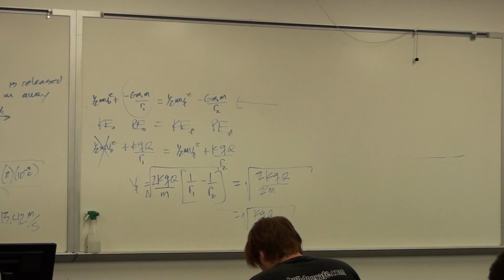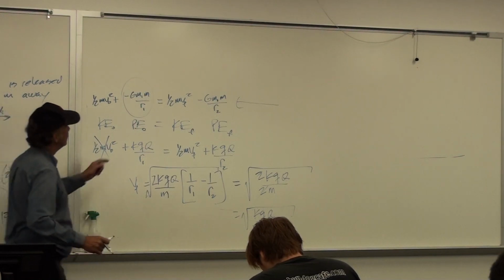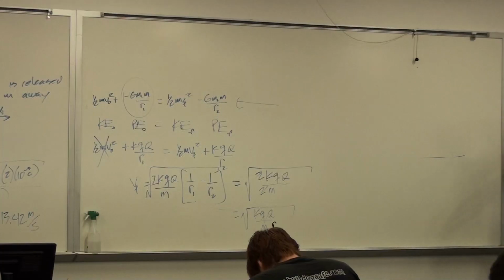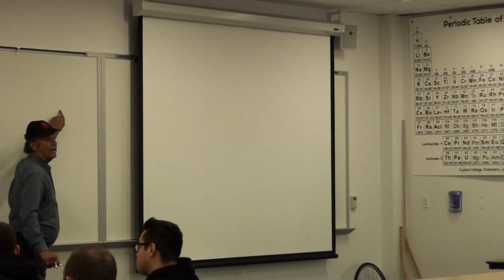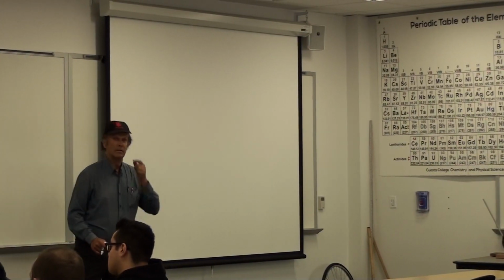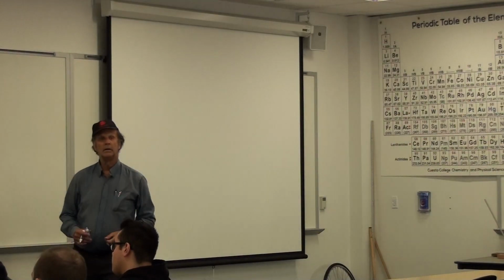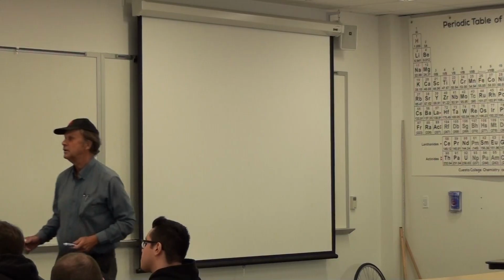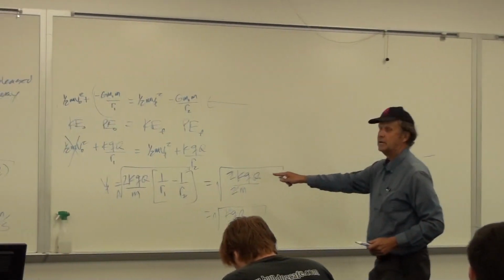So even though half of the energy was in kinetic here, and so that kinetic energy was doubled, why did the velocity just go up by a factor of the square root of 2 from what it was here?